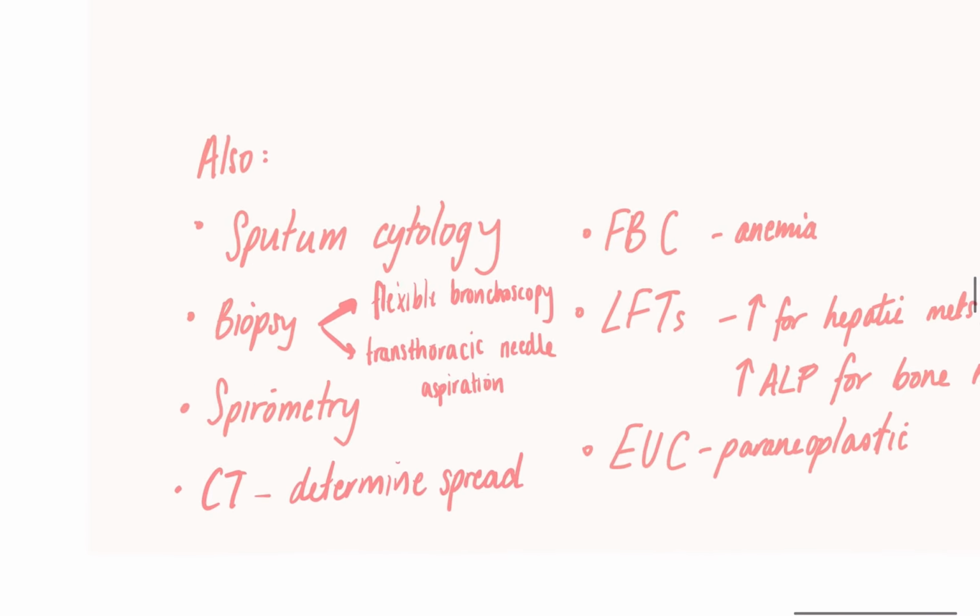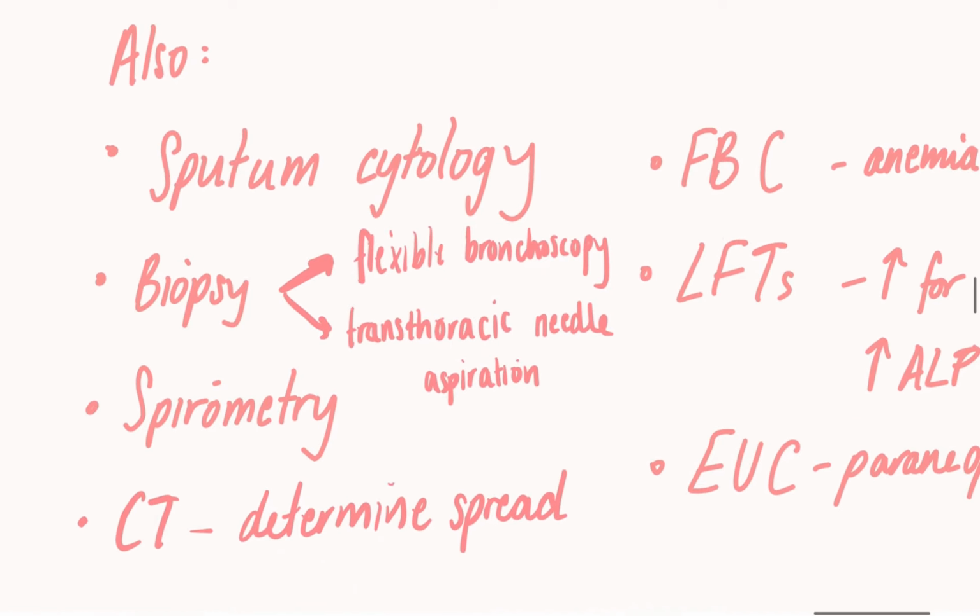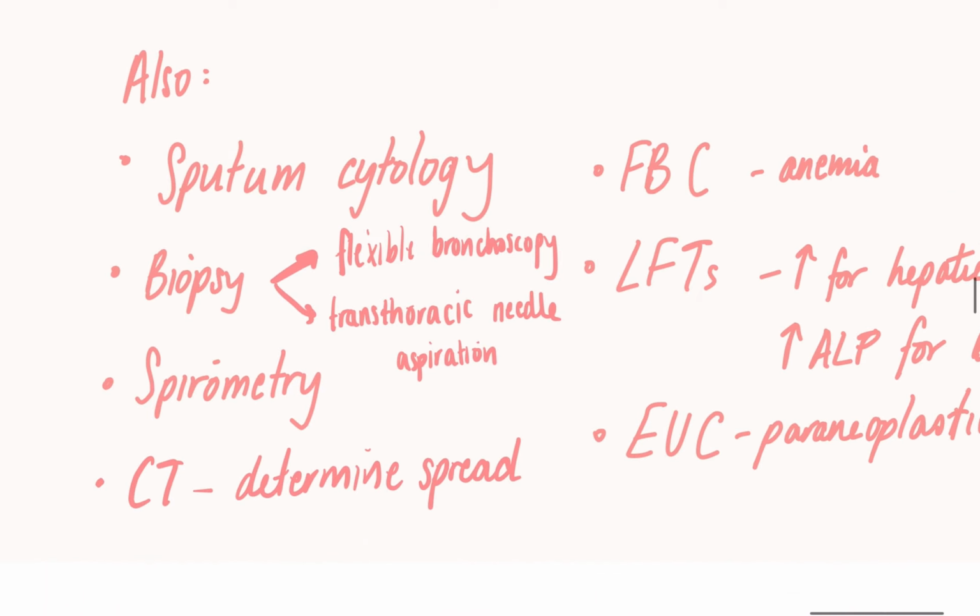As well as this, we can perform a sputum cytology to rule out any infectious causes, and a biopsy. So the biopsy is how we basically work out what kind of lung cancer they have and how invasive it is.